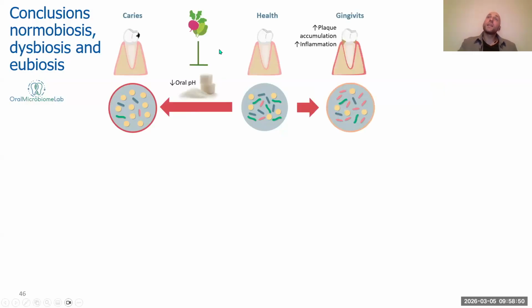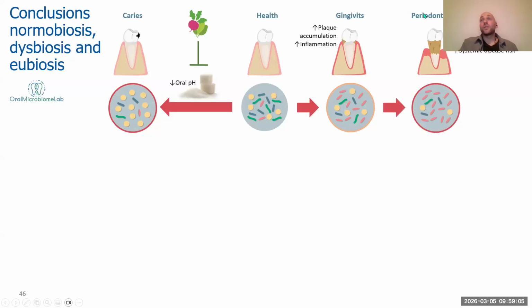A lack of oral hygiene or genetic susceptibility can lead to plaque accumulation and inflammation, and that we call gingivitis, and long or repeated episodes of gingivitis can lead to the development of periodontitis in some individuals. And in periodontitis, there's a decrease in nitrate metabolism, an increase in blood pressure, and an increase in systemic disease risk.